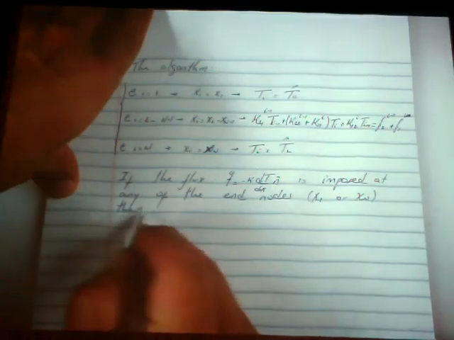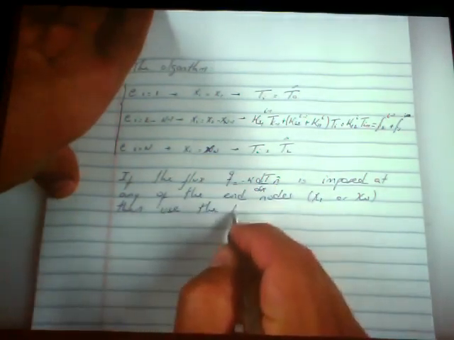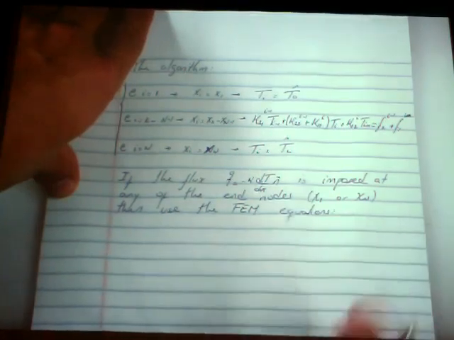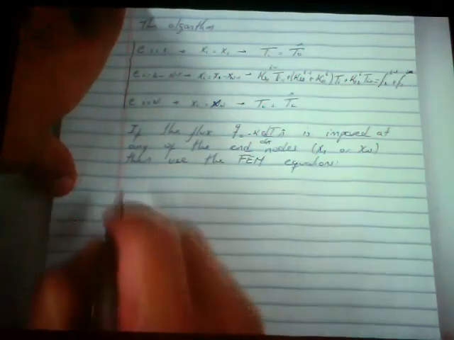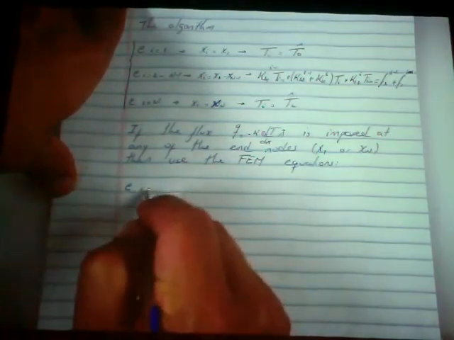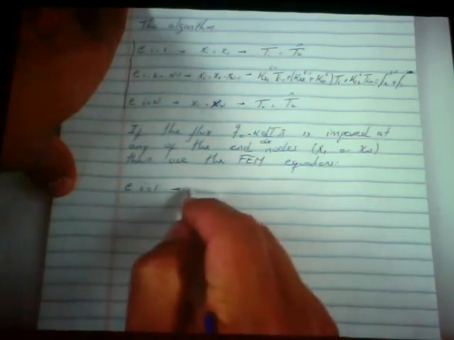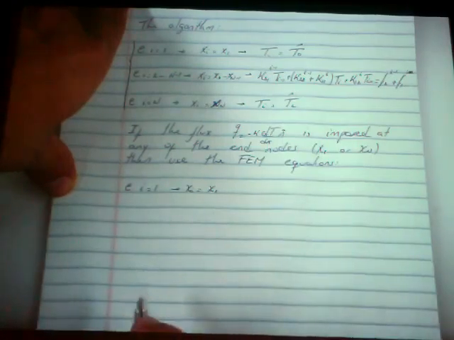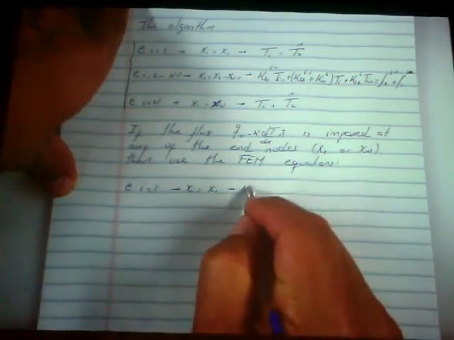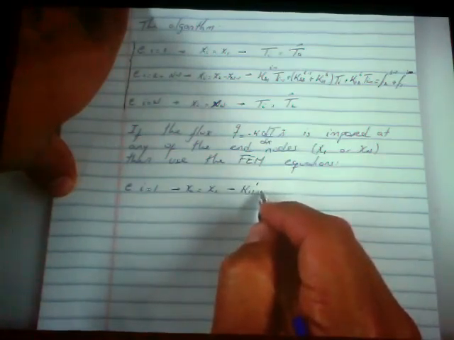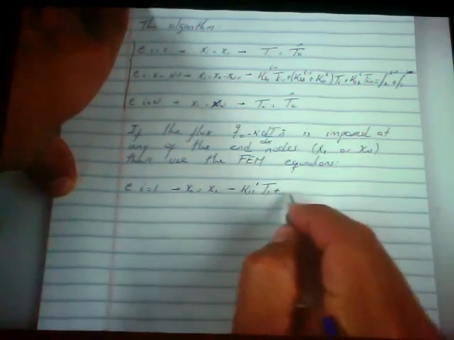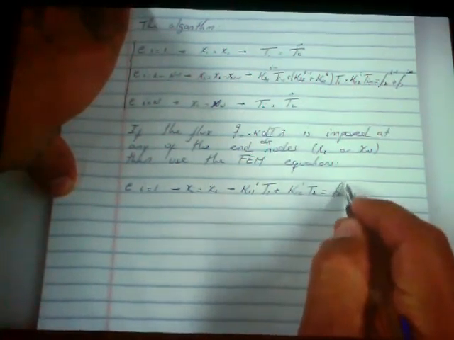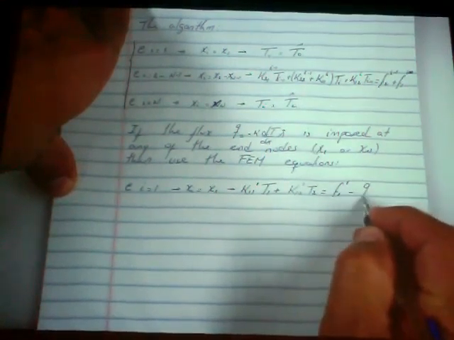Then use the FEM equations. They state that at i equal 1, xi is equal to x1, then we have k11 of 1 T1 plus k12 of 1 T2 is equal to F1 of 1 minus Q1.